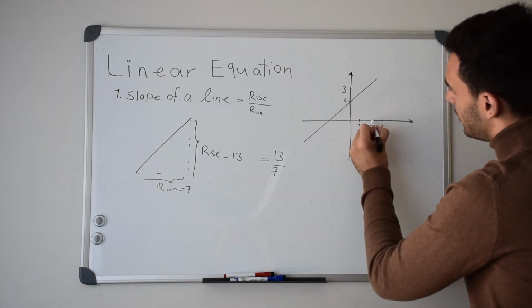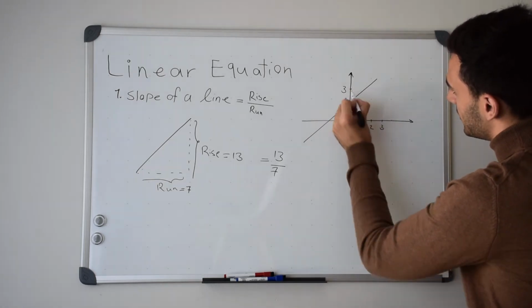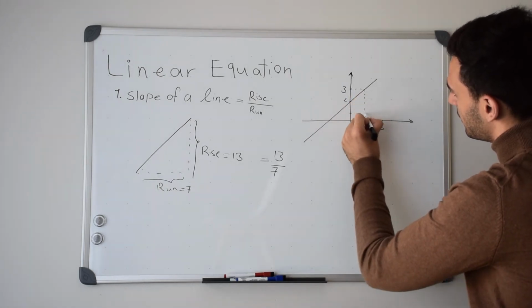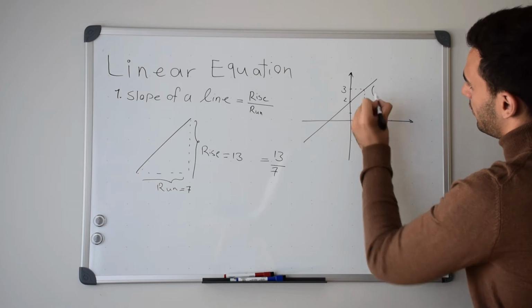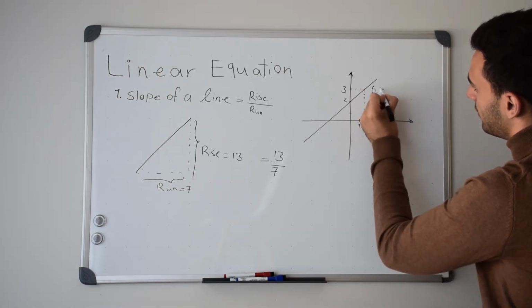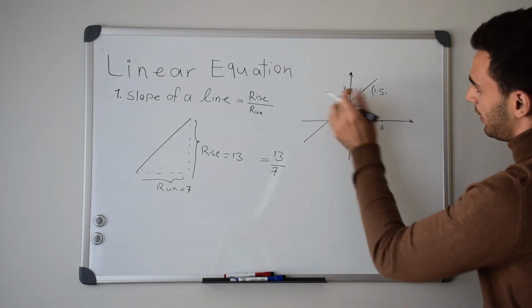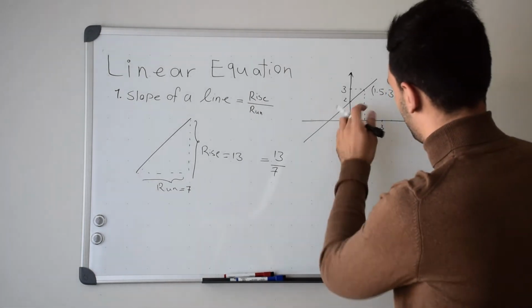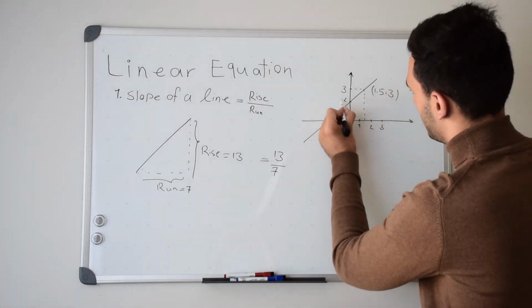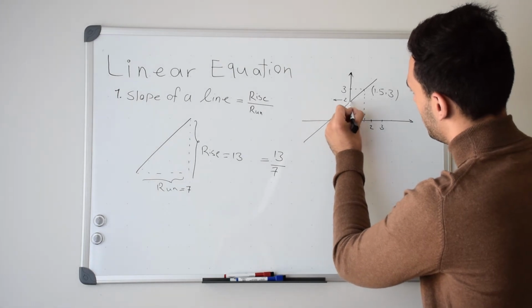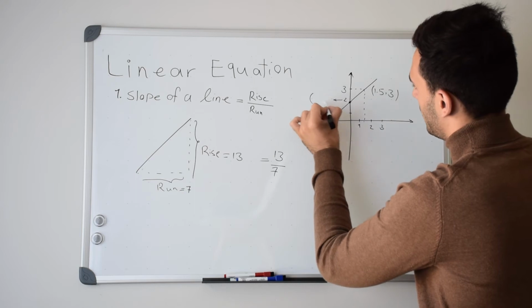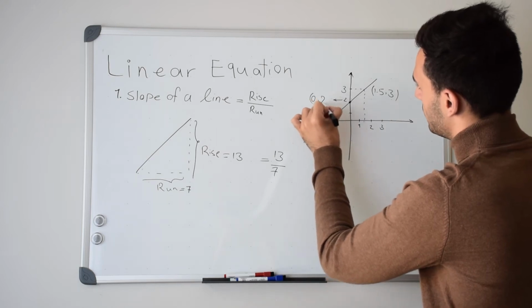So what are the 2 points? Let's say it's one and a half and 3. And there's another point that we have on this line, which is this one, right? So this point here is 0 and 2, right?